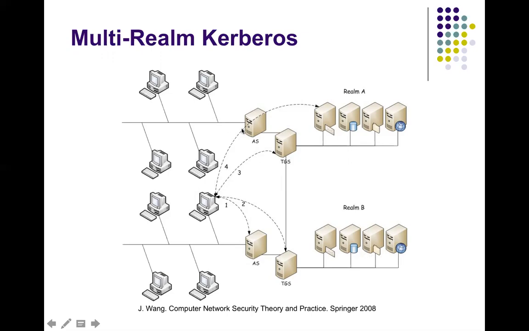Since the AS of the second LAN cannot authenticate the user in the first LAN, there needs to be some mechanism to allow this authentication to proceed. This is called multi-realm Kerberos.